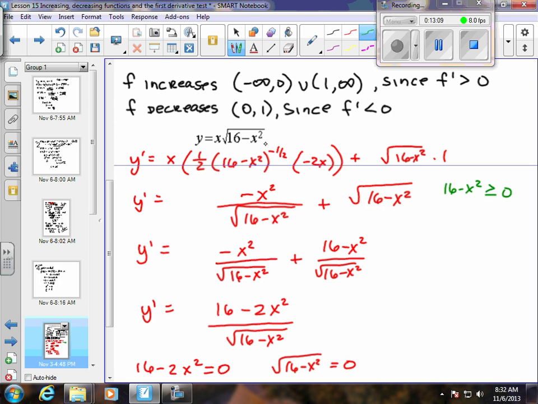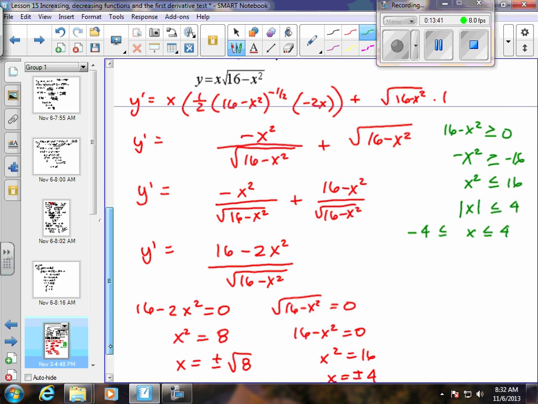Can't use negative 5. So to solve that, you're subtracting 16, you're dividing by the negative, and when you take the square root, the absolute value is involved when you have an inequality expression. So if the absolute value of x is less than or equal to 4, that means that x must be between 4 and negative 4.